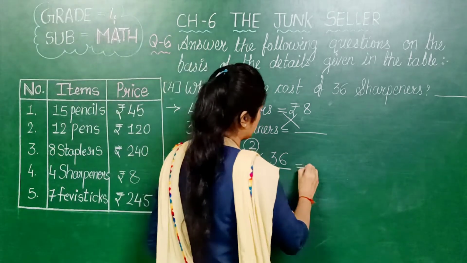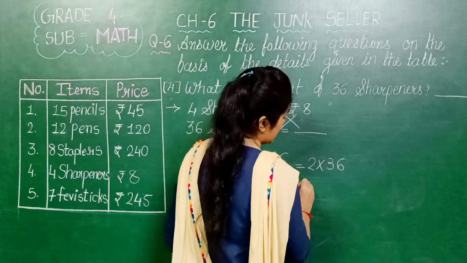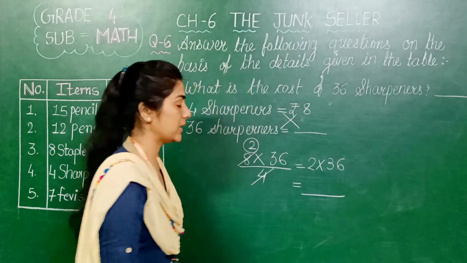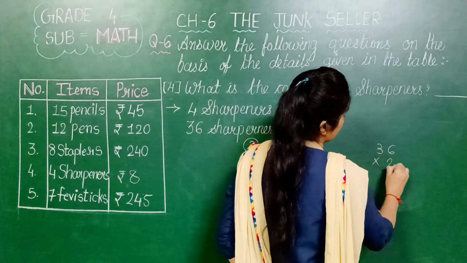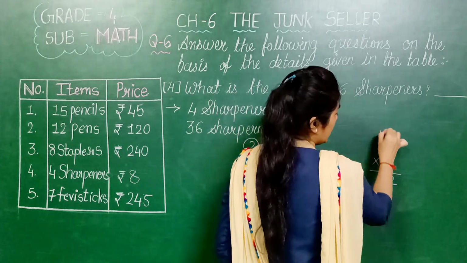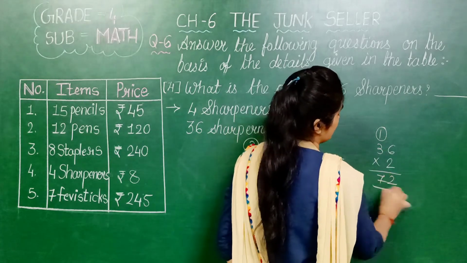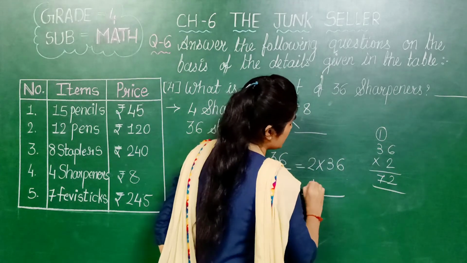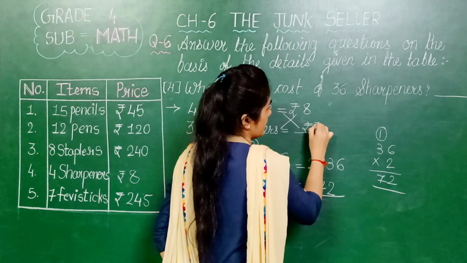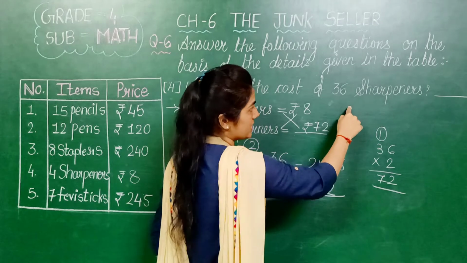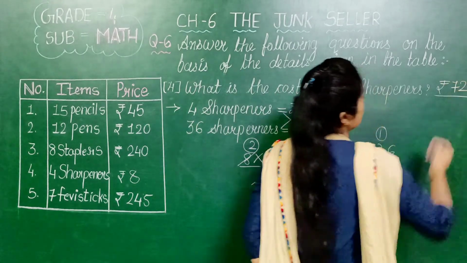And now we have remaining just 2 multiplied by 36. So the answer of this multiplication you can find by doing the multiplication in the rough space. 6 2s are 12, 2 keep down, 1 carry, 3 2s are 6 plus 1 is 7. So it's rupees 72. So the cost for 36 sharpeners we have got is rupees 72.